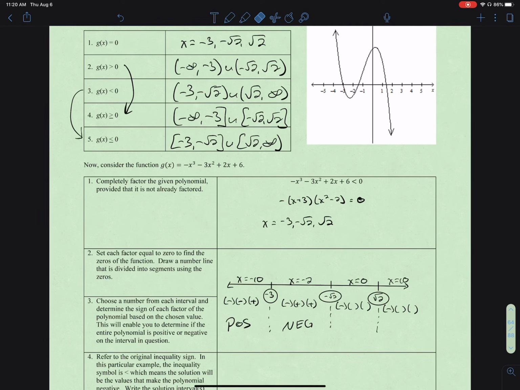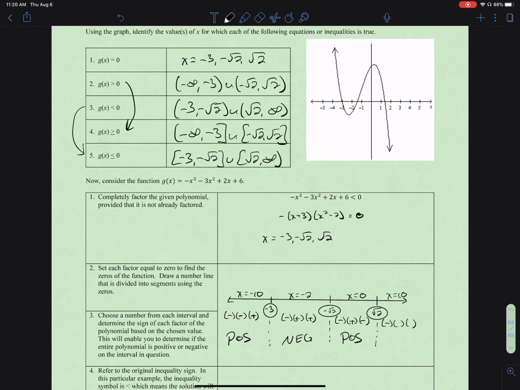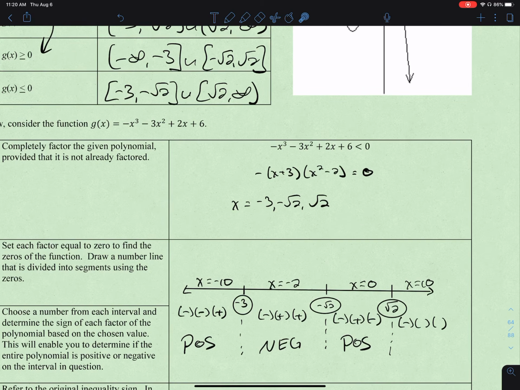Confirmed. If I put a 0 in, 0 plus 3 is positive. 0 squared minus 2 is negative. If you multiply a positive and 2 negatives, you're going to get a positive. So we expect between these square roots, it's above the x-axis. It is. Everything's working out the way we expect it to.